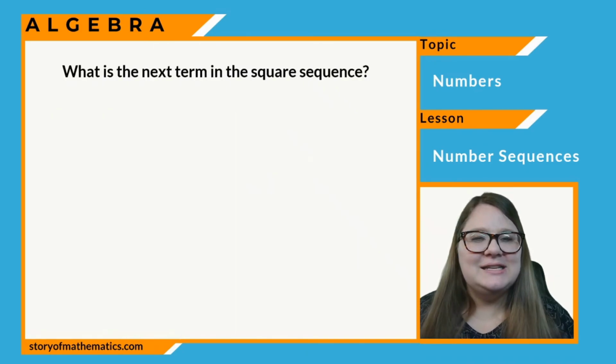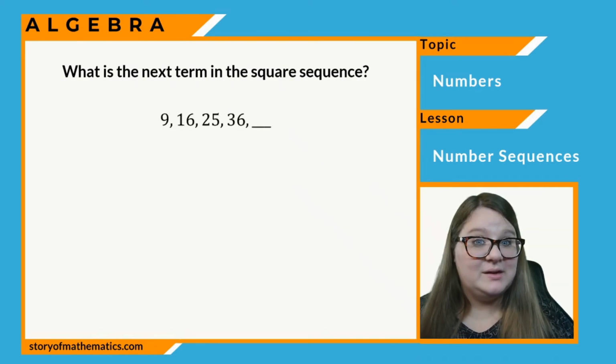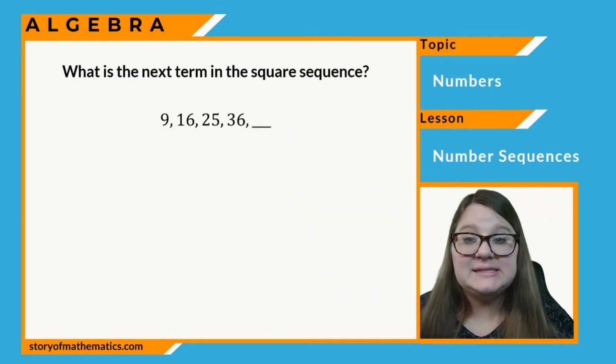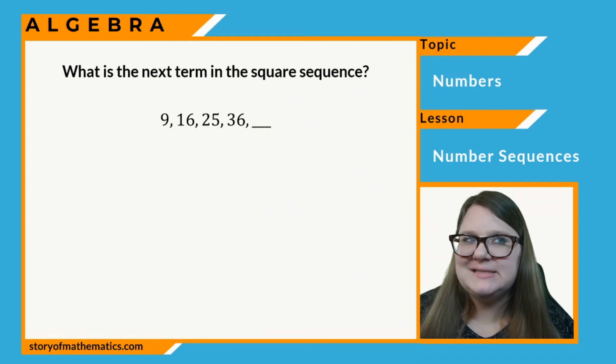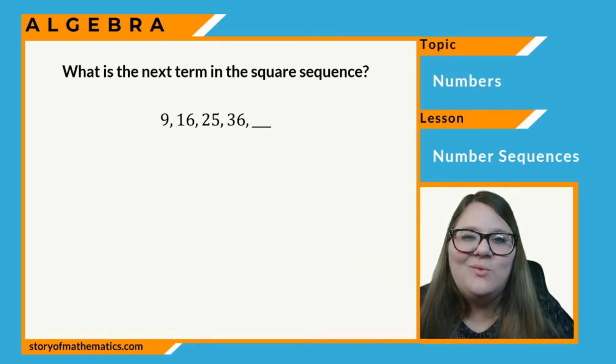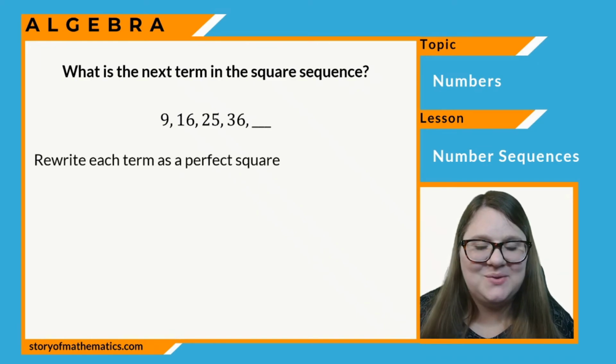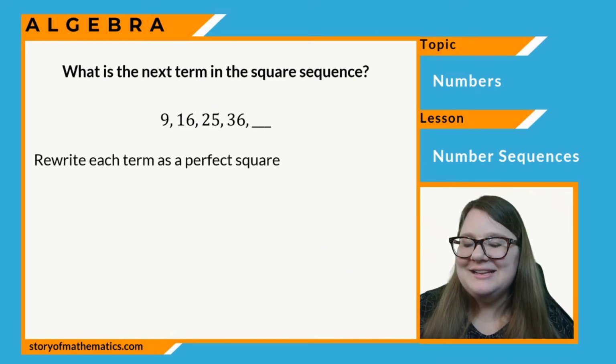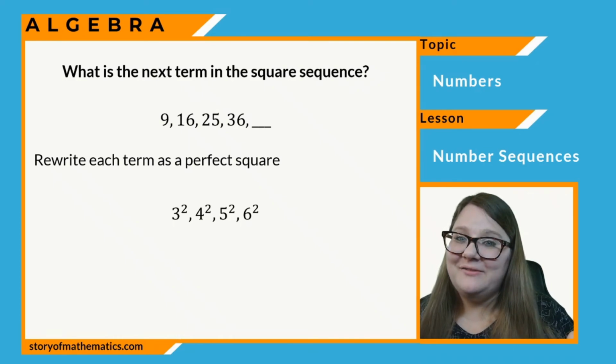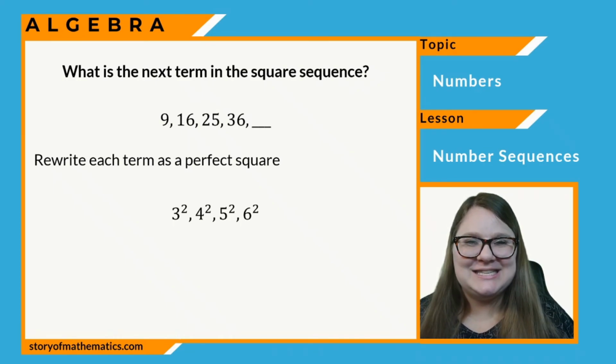Let's take a look at this example. I tell you that this is a square sequence: 9, 16, 25, 36, and something. I want to know, what is the next term? Well, I'm going to rewrite each term as a perfect square. I know 9 is 3 squared, 16 is 4 squared, 25 is 5 squared, and 36 is 6 squared.